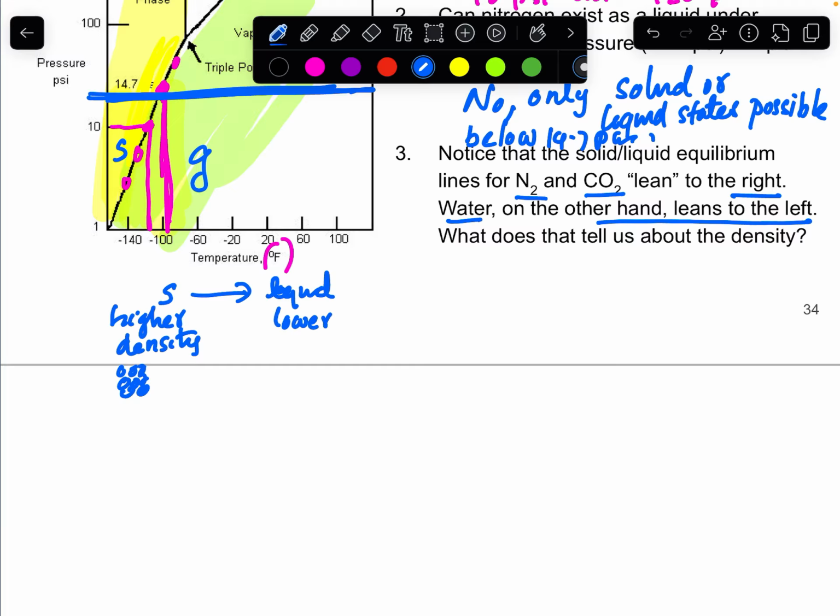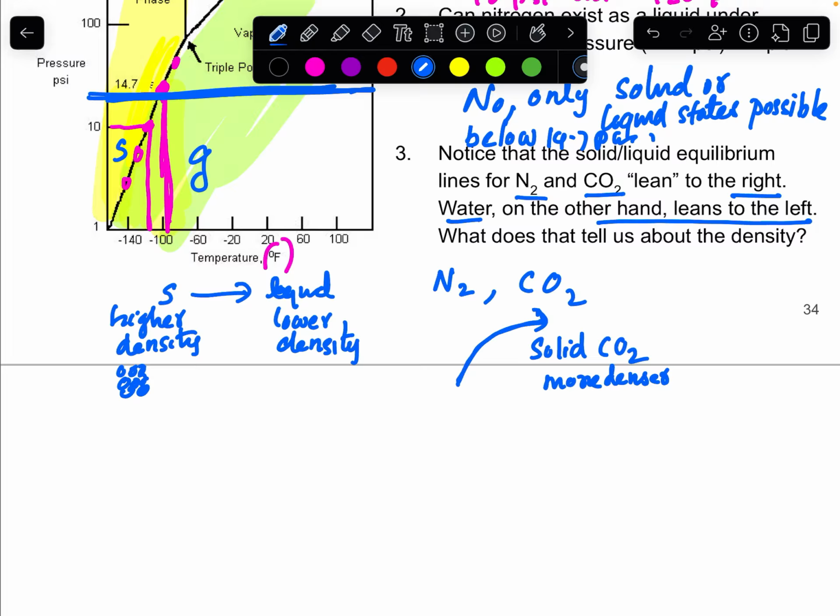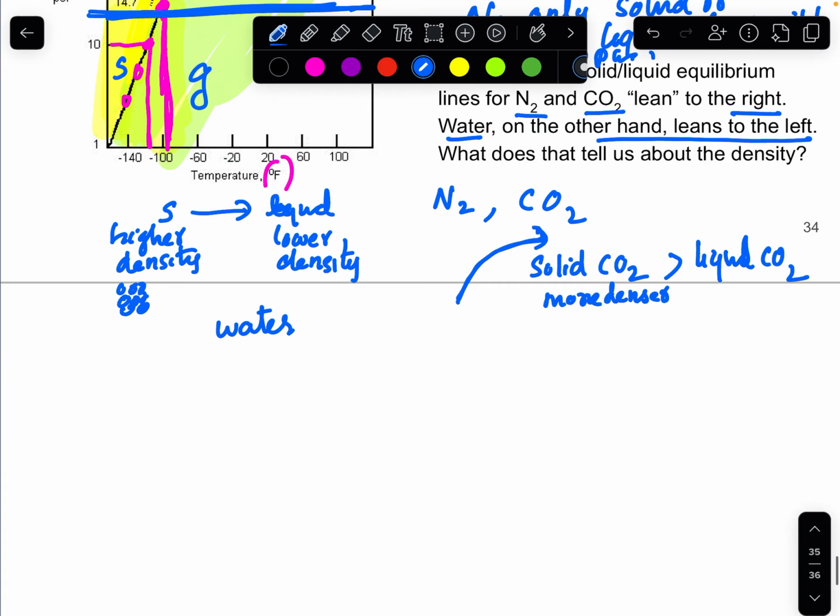And liquids will have a lower density. So that is true in most substances. So that is why for N2 and CO2, the line is leaning towards the right, there is a positive slope instead of negative slope because solid carbon dioxide is more dense than liquid carbon dioxide, right?